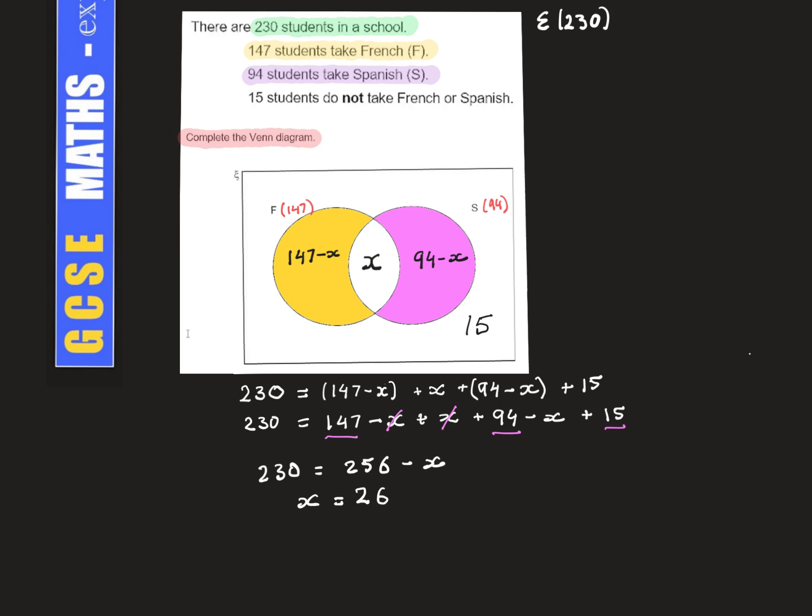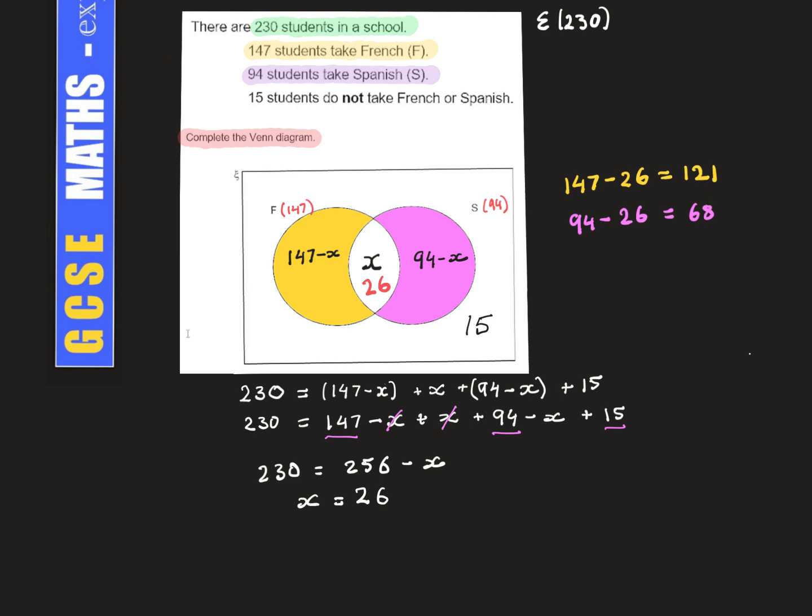Now that I know X is 26, I can replace 147 take away 26, which gives me 121, and 94 minus 26, which gives us 68.